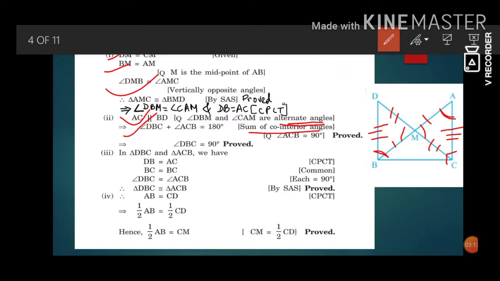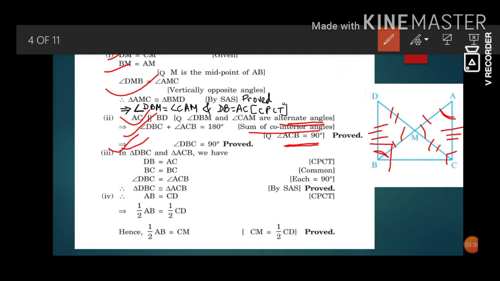So angle DBC plus angle ACB is equal to 180. It is already given in the question that angle ACB is 90 degrees. So substituting the value and solving for angle DBC, we get DBC as 90 degrees. So this angle is 90, that we have already proved.